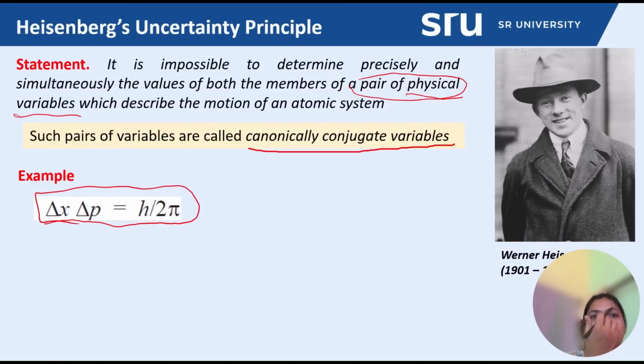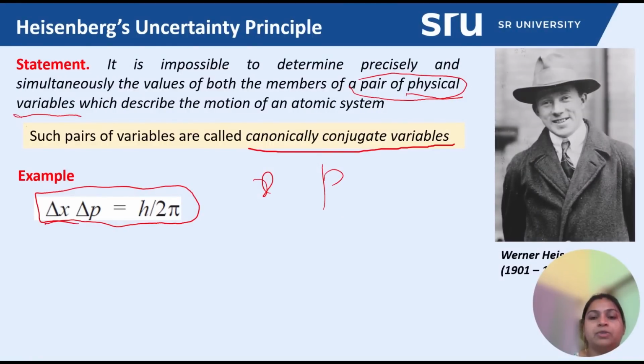According to the Heisenberg uncertainty principle, the position x and momentum p of a particle, suppose an electron, cannot both be determined simultaneously to any desired degree of accuracy.